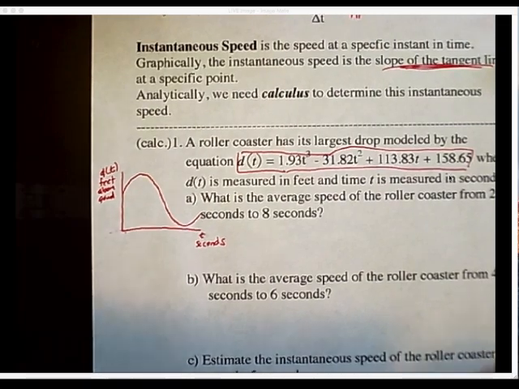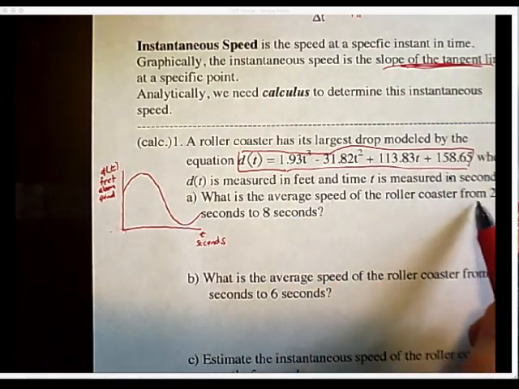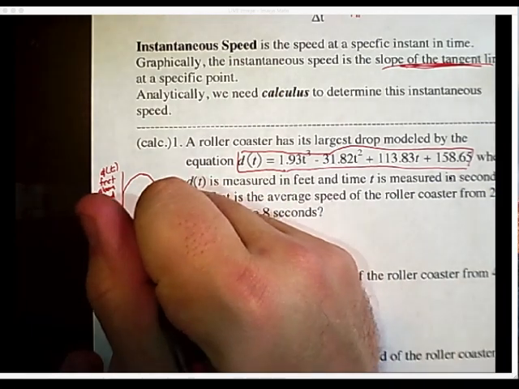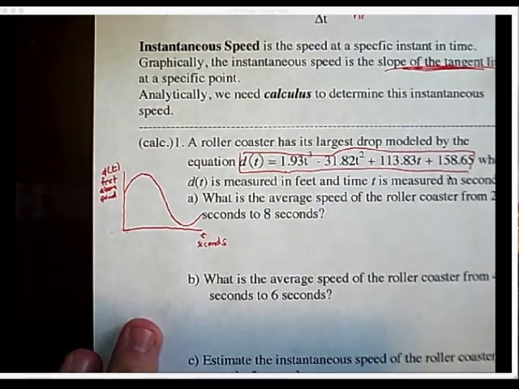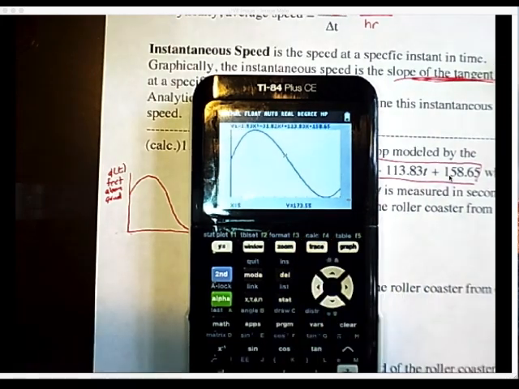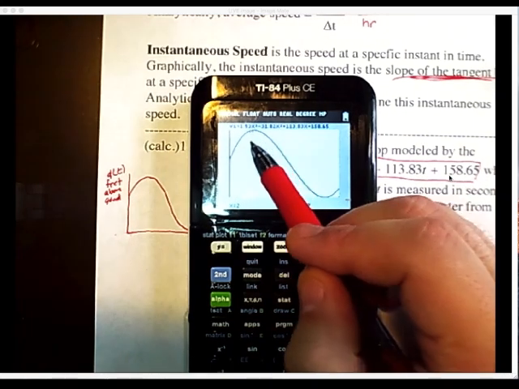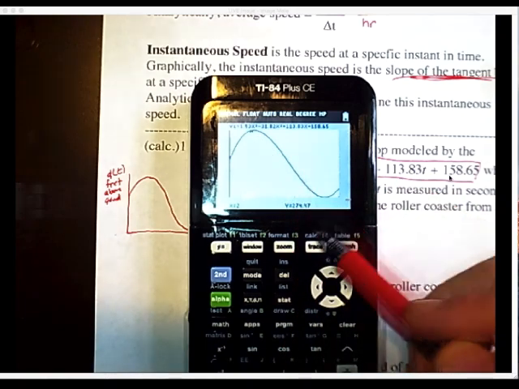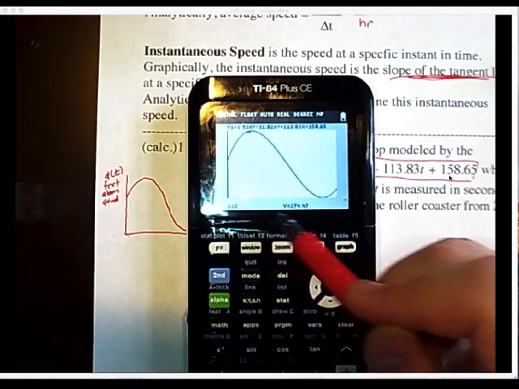Now we want to know what the average speed of the roller coaster is from 2 seconds to 8 seconds. All right, so if I hit the trace button on my calculator, which is right there, and I type in 2, it's going to tell me what the height of the roller coaster is when you're 2 seconds into the journey. 2 is time. How did I get that?